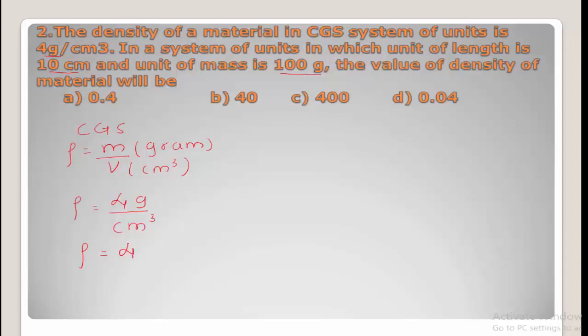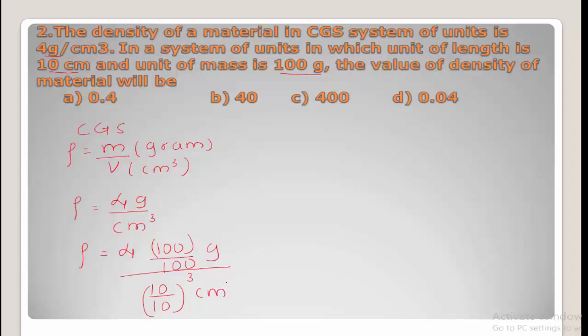So 4 into 100 whole divided by 100 gram divided by the volume is 10 by 10 whole raised to 3 centimeter cube.